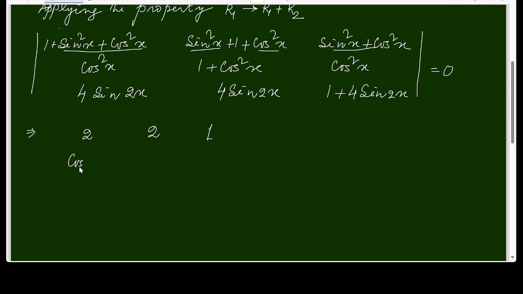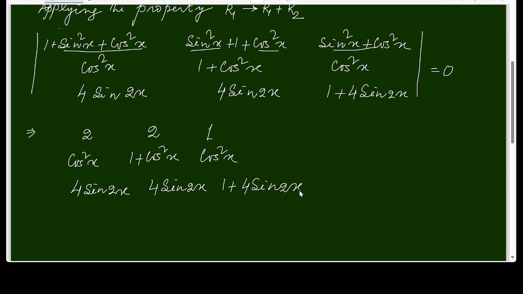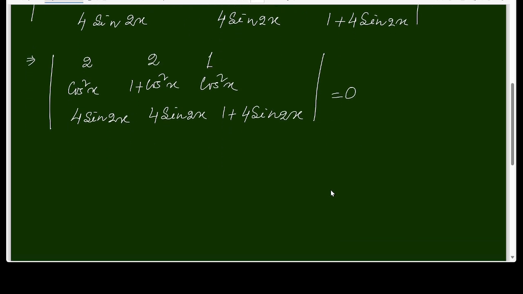And the second row as it is, and the third row 4 sine 2x, 4 sine 2x, 1 plus 4 sine 2x equals to 0. Yes, you are guessing correct. Then next we will apply column 1 minus column 2.